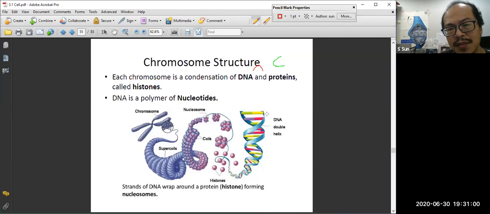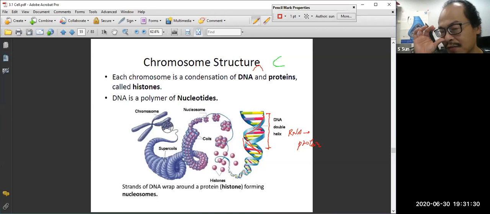A segment of that is a gene. For example, from here to here is one gene. That gene is used to code RNA and to code protein.